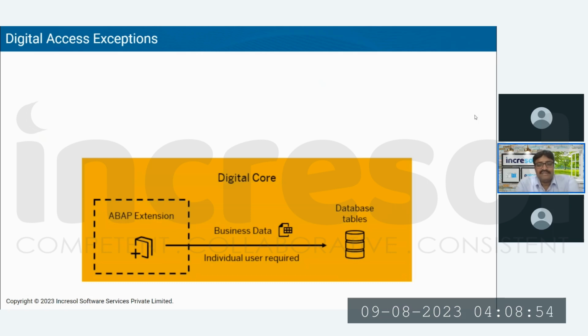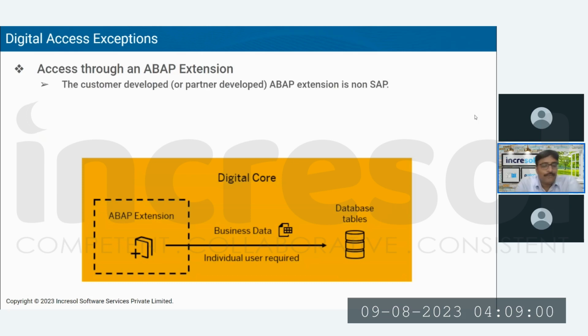The first one is access through an ABAP extension. What is an ABAP extension? It is a set of programs developed in ABAP and deployed in your SAP system as a namespace package, or a TR import, either by an in-house developer or a partner developer. Any such programs are deployed in your core SAP system.